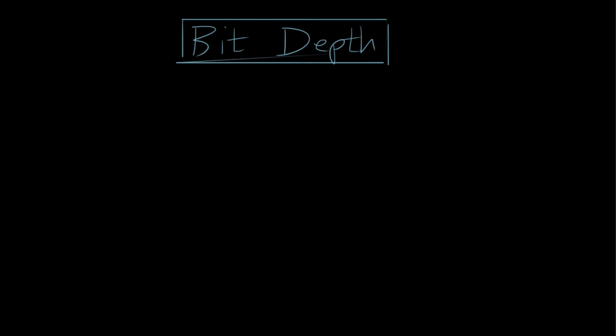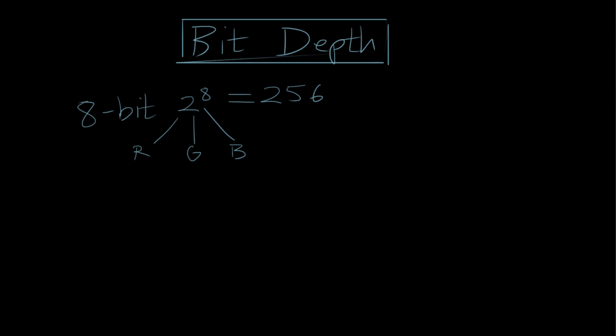The way we talk about bit depth is usually in terms of, you'll hear something like, this is an 8-bit codec. What this means is that there are 2 to the 8 possible values for each of the red, green, and blue channels. So for every pixel there's a value for red, green, and blue, and how much of each. And you have 2 to the 8th, which equals 256 possible values for each of these.